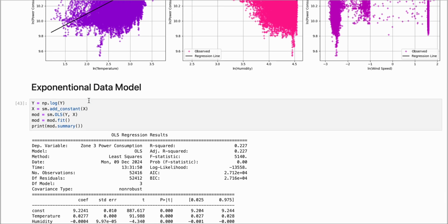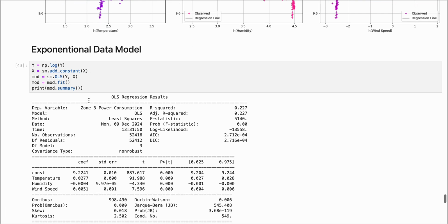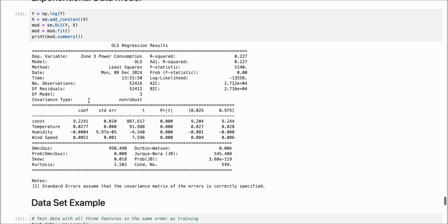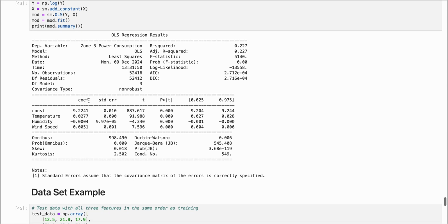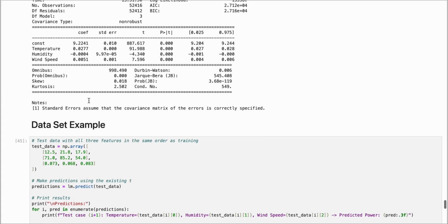For the exponential model, the R-squared was 0.227, and the standard errors assume that the covariance matrix of the errors is correctly specified.